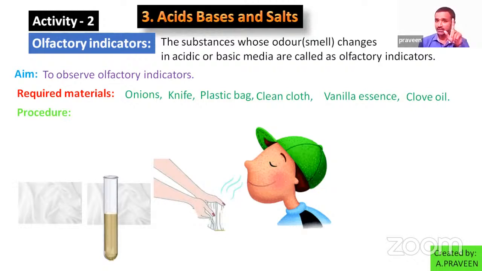Before adding, just smell the clove oil. You will get some idea of how it smells. Then observe the odor of clove oil in the presence of an acidic medium. So we add clove oil into the HCl solution.